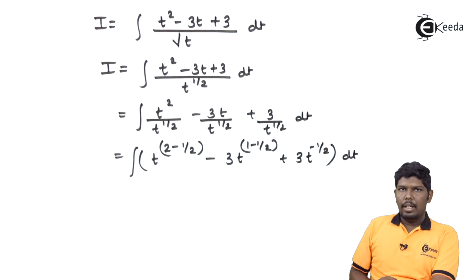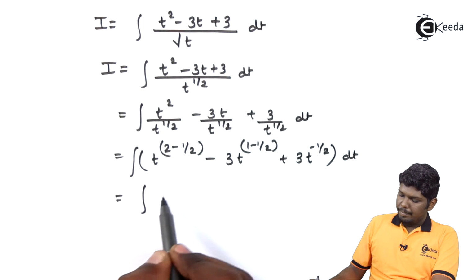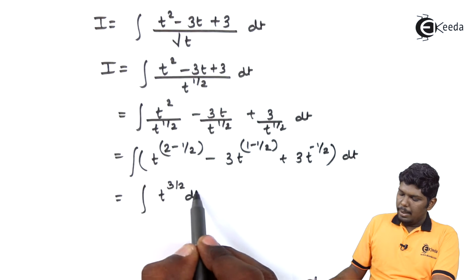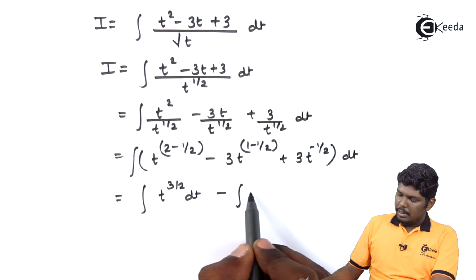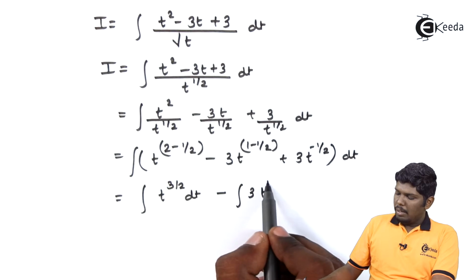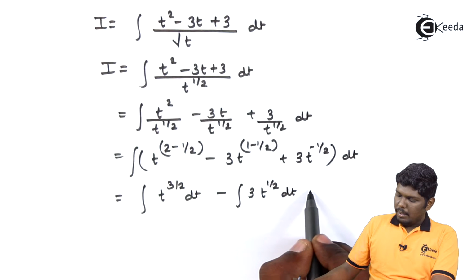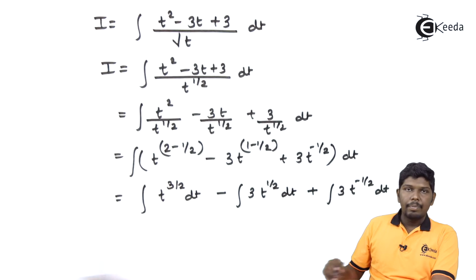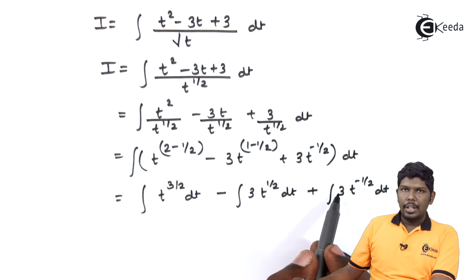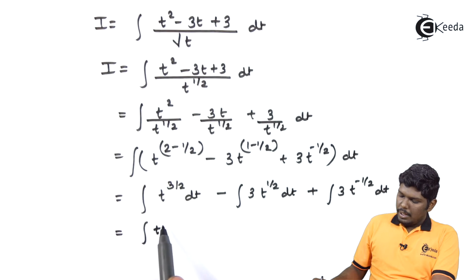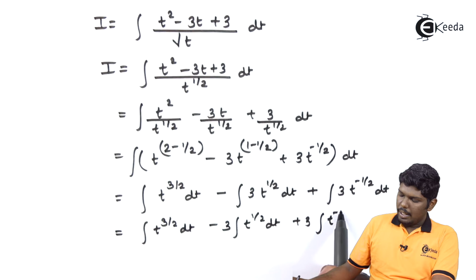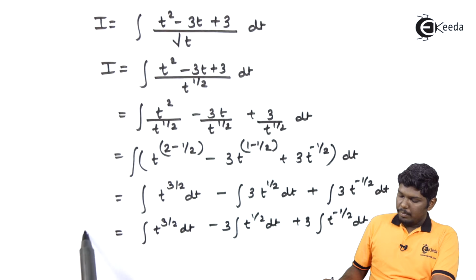In the next step, we can separate the integration. 2 minus 1 by 2 will give you 3 by 2 dt, minus 1 minus half will give you half, plus here we have t raised to minus half dt. Now here we can take this constant outside, that will give you integral t raised to 3 by 2 dt minus 3 integral t raised to half dt plus 3 integral t raised to minus half dt.